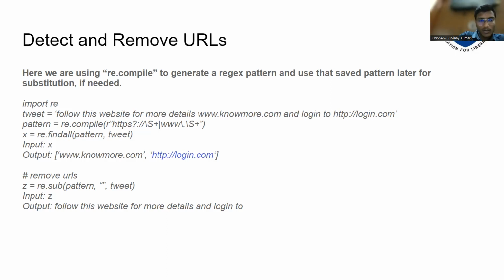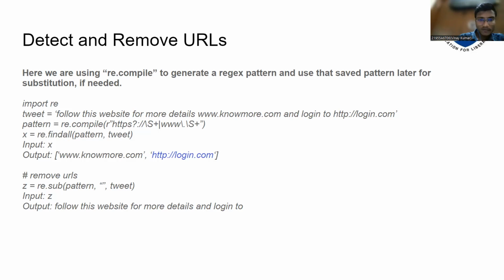Or https, and anything between https and www dot might be different for different URLs. So we are giving \S+ to match anything after https or www dot. Anything that has these letters, it will consider as a URL and store that URL in the pattern.